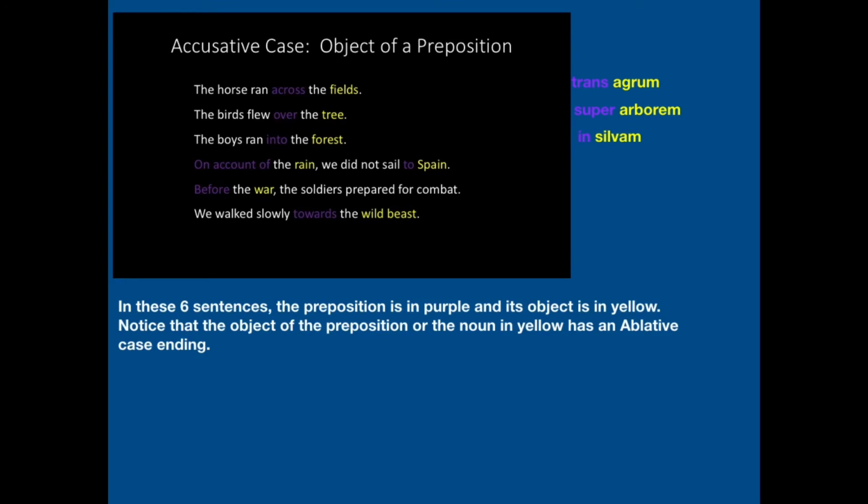So when we say that a preposition requires the accusative case, what we are actually saying is that the noun that follows one of the prepositions on this specific list must be written with its accusative ending.